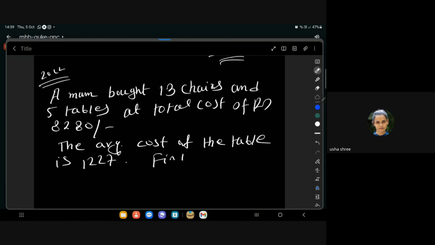Find the average cost of a chair. Okay, so this is the question, and this was asked in 2022.